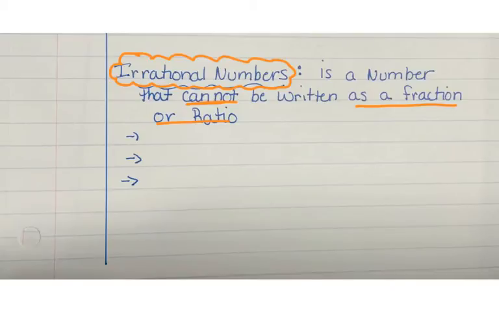Well, if terminating decimals were part of rational numbers, then we would say non-terminating decimals are irrational.